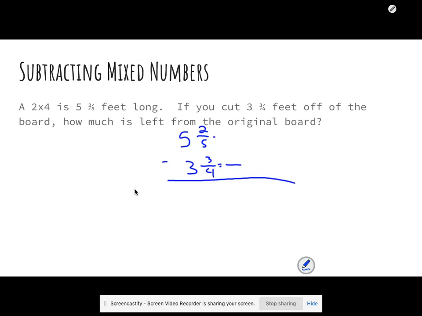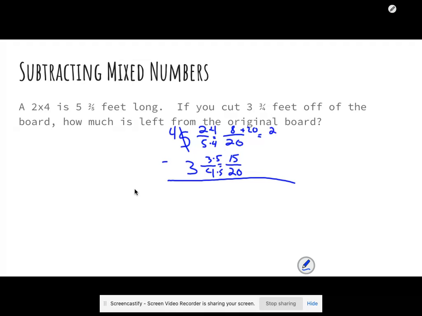making equivalent fractions. 20 is my common denominator, times 4, I get 8. So 15. So I come over here and borrow, make this a 4. I'm just going to show that I'm going to add 20 to that top, my numerator of my top fraction.